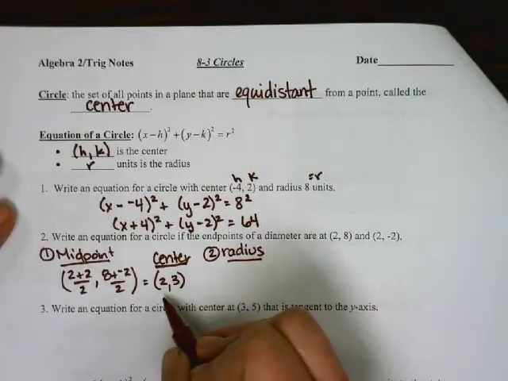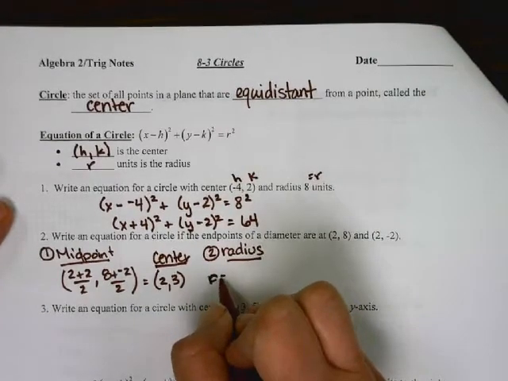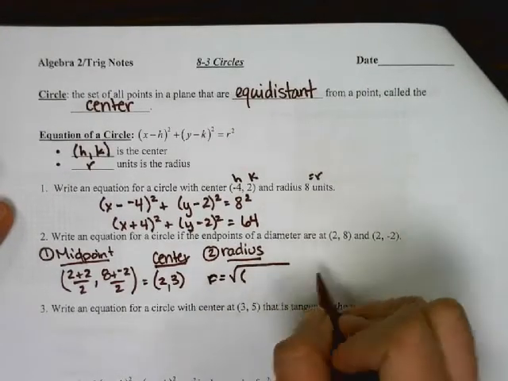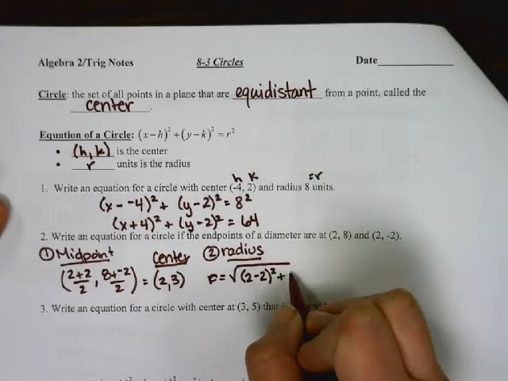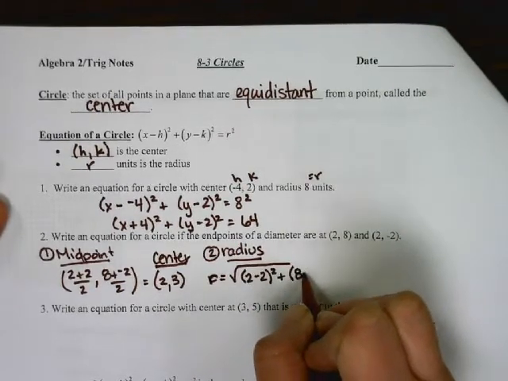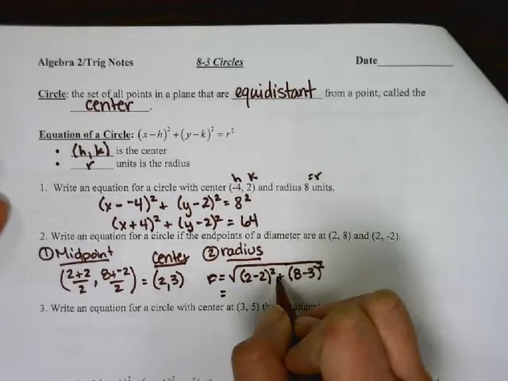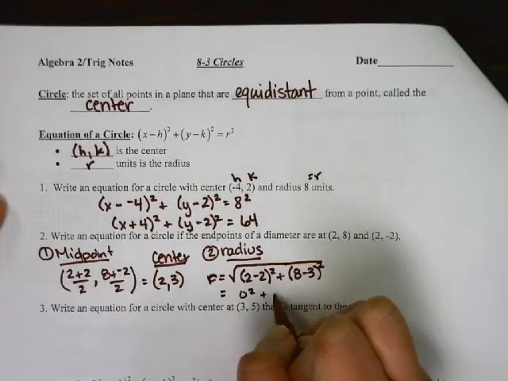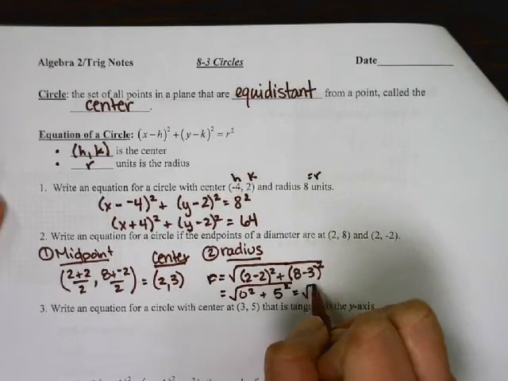So if I use this guy and one of these two, my radius is the square root of the difference in my x's squared plus the difference in my y's squared. 2 minus 2 is 0, squared is 0. 8 minus 3 is 5, squared is 25.